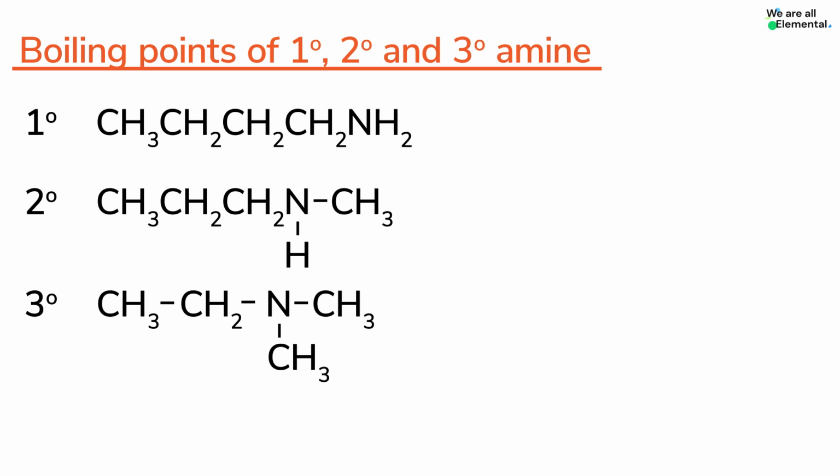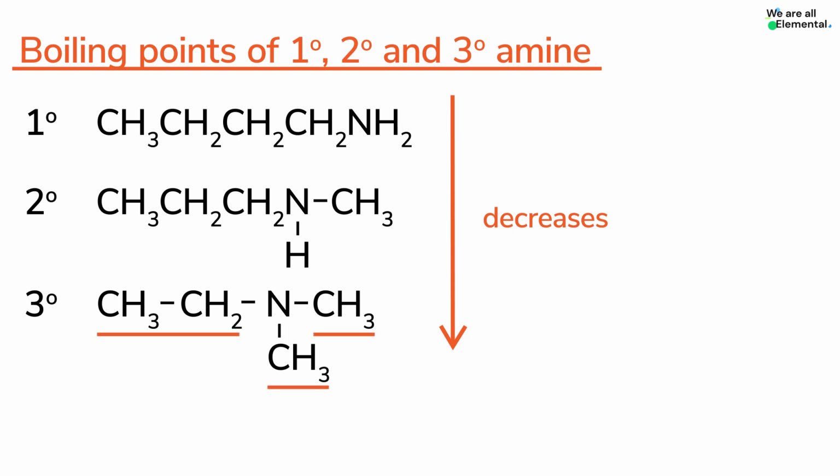The boiling point of a primary amine is higher than a secondary amine of similar molecular mass, and the tertiary amine has the least boiling point. This is because the three alkyl groups in the tertiary amines hinder the formation of hydrogen bonds, and therefore the solubility decreases from primary, secondary to tertiary amines.